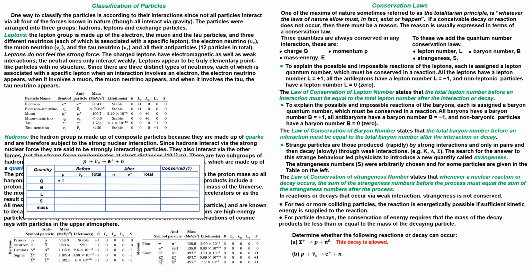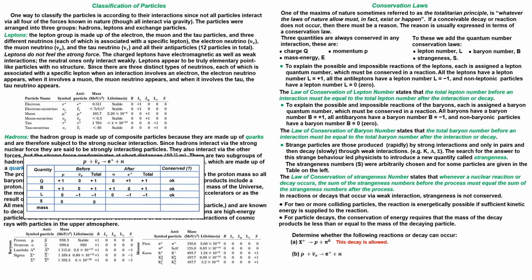The net charge is zero before and after the decay, so the charge is conserved. The baryon number is 1 before and after the decay, so the baryon number is conserved. The lepton number is minus 1 before and after the decay, so the lepton number is conserved.